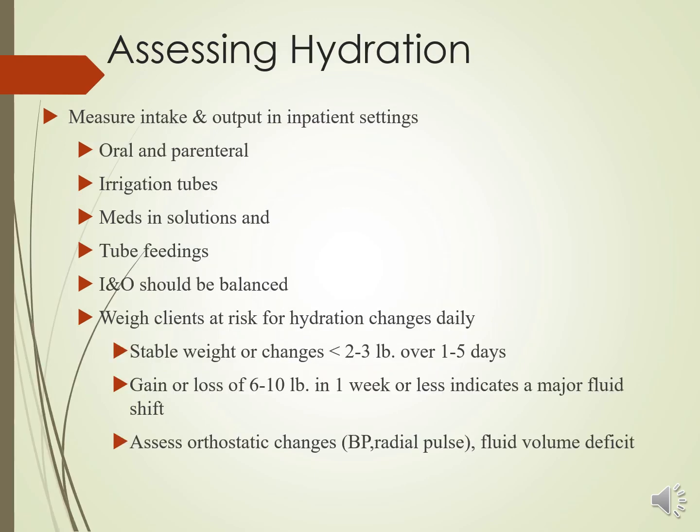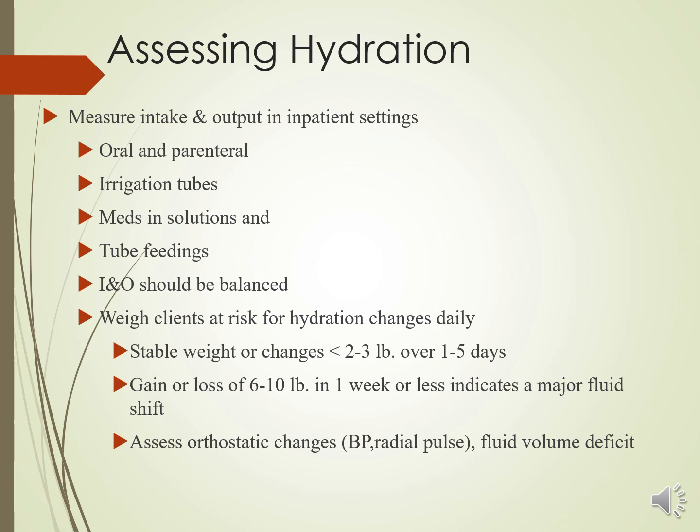So assessing hydration, we're going to calculate how much the patient's taking in by mouth and how much they are taking in by their IV. If there's any irrigation or medications in solutions, we take that into consideration. Tube feedings or enteric feedings, which means they're given feedings through the NG tube or through a G tube.